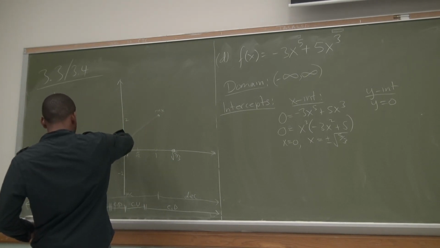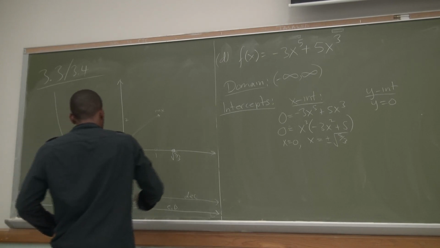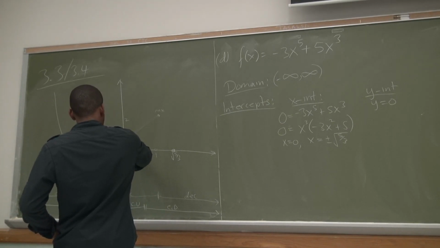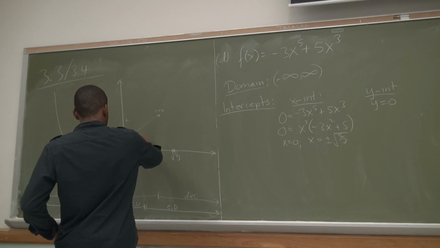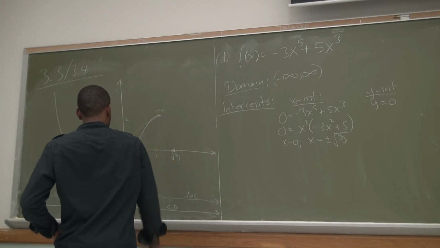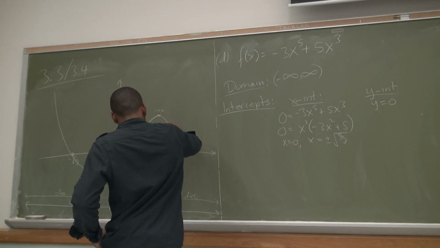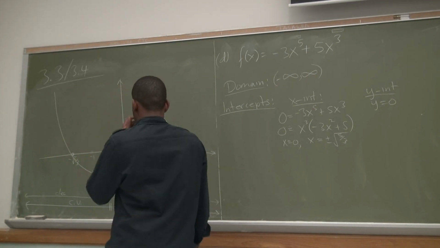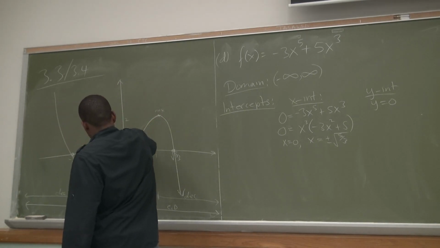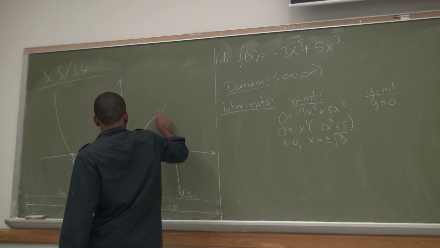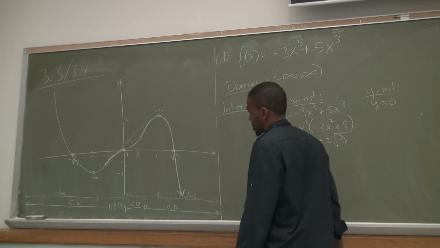Concave up, down, then up, down, down. Yeah, there's some crazy curvature going on there, right? Up, down. That's what the graph would look like.